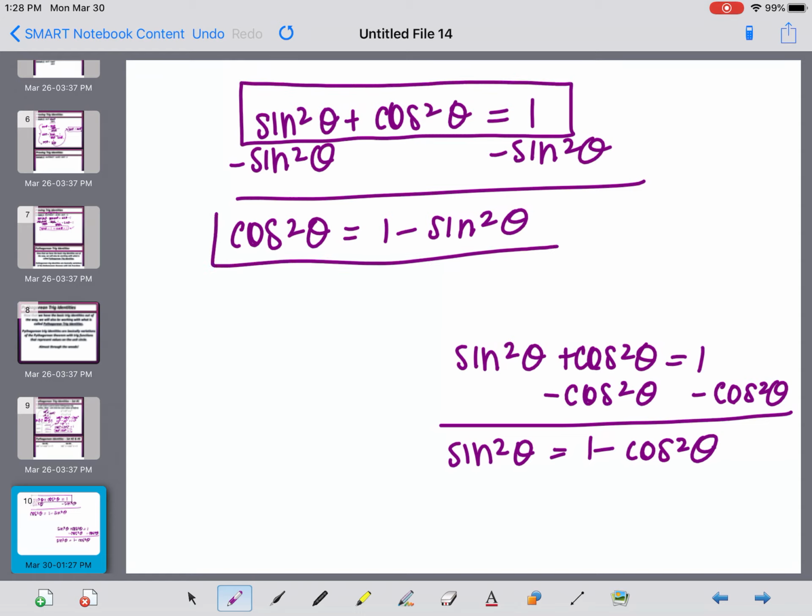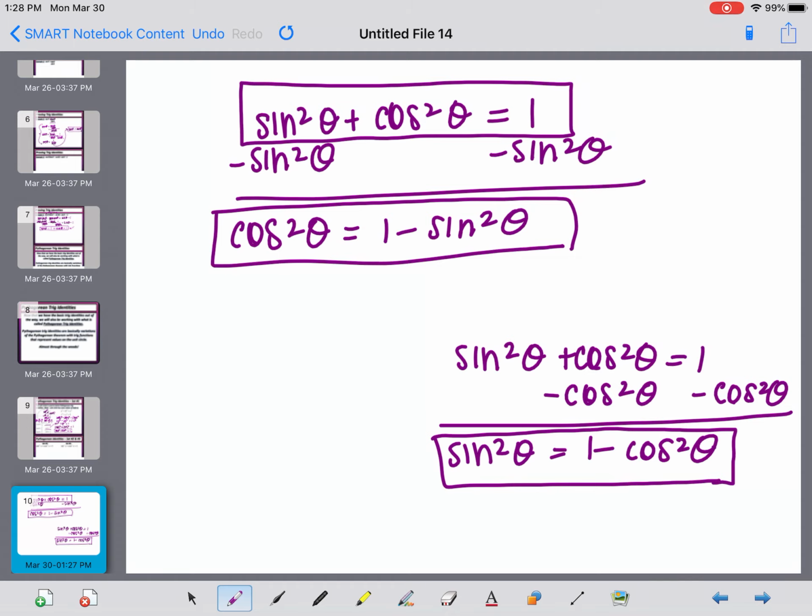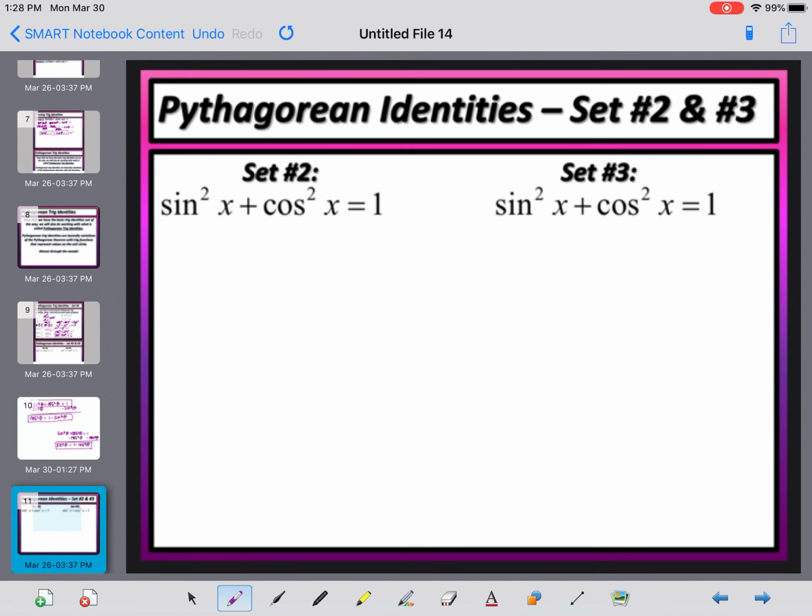So this one identity has 3 versions, just depending on the value that you're trying to replace. So pause your video for a moment and just copy down these 3 equations that I've put in boxes. Those are 3 more trig identity formulas. If you're keeping a formula sheet, it might be a good idea.